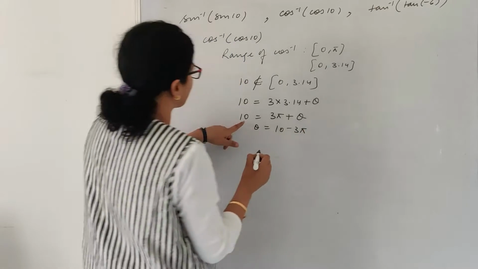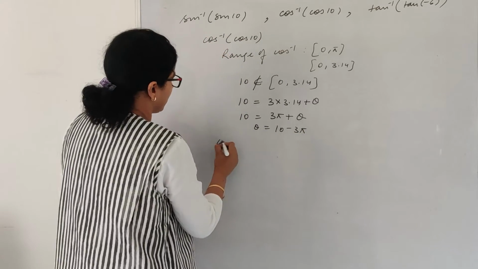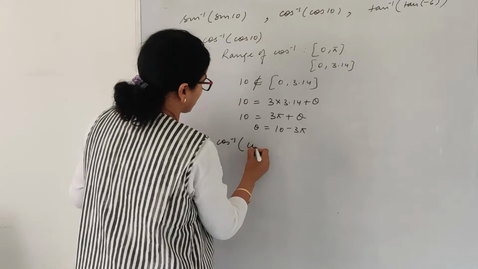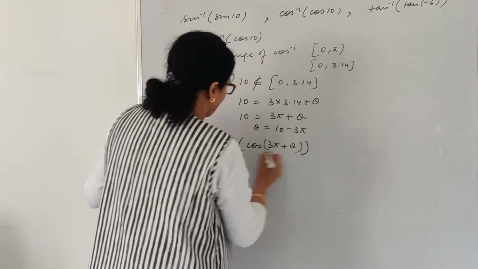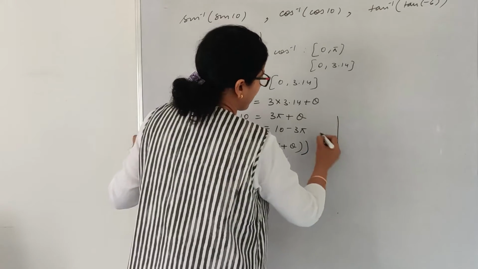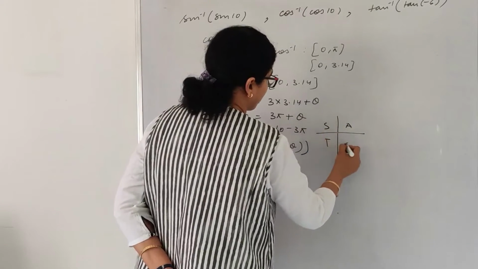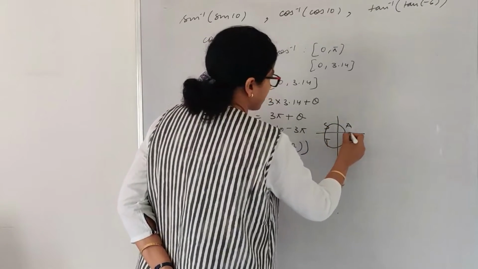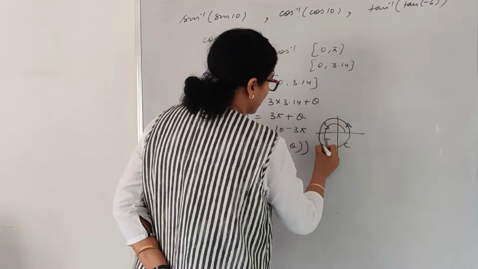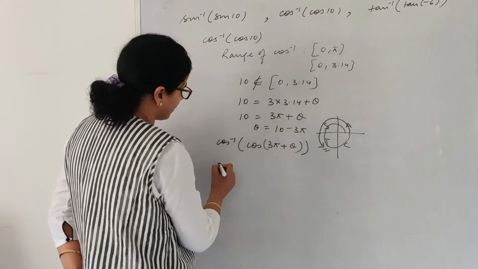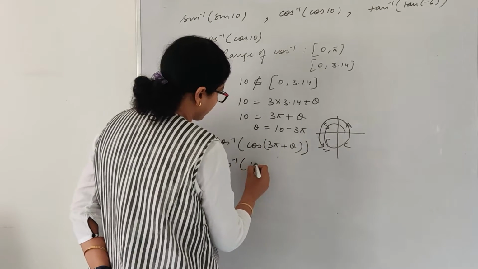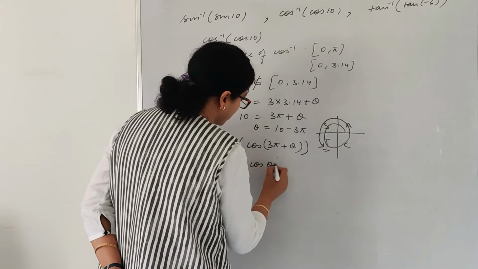Now I am going to substitute the value of 10. So cos inverse cos of 3 pi plus theta. Now take the quadrant part. 3 pi plus theta means third quadrant, where cos is negative. So cos inverse of minus cos theta.